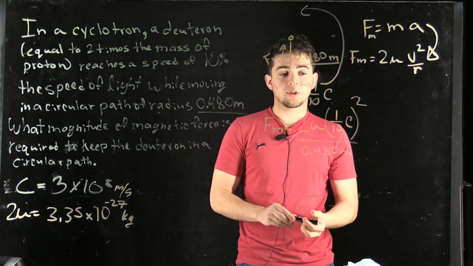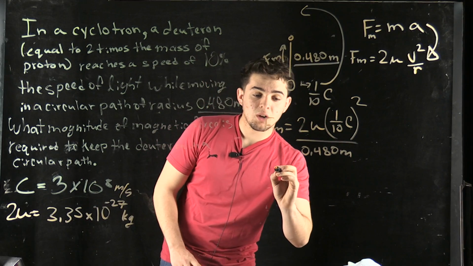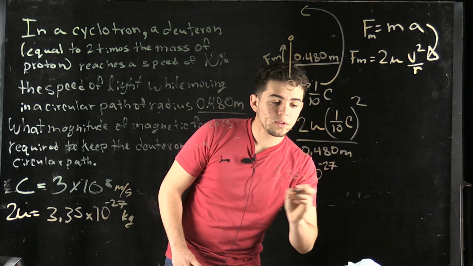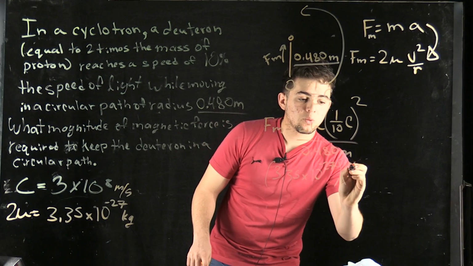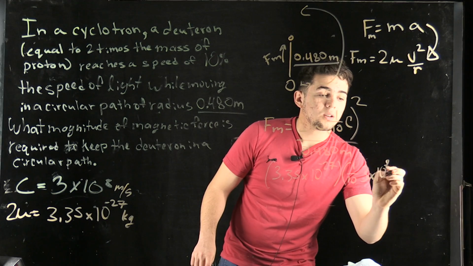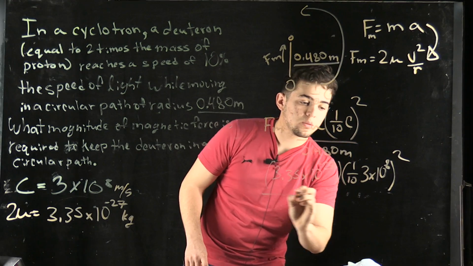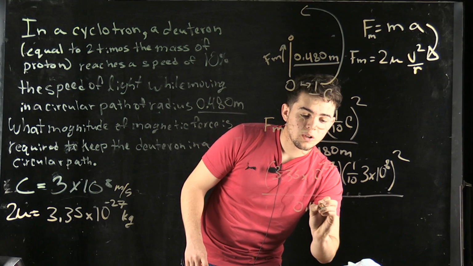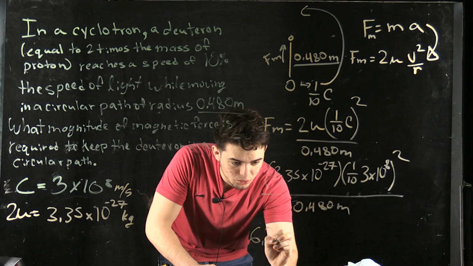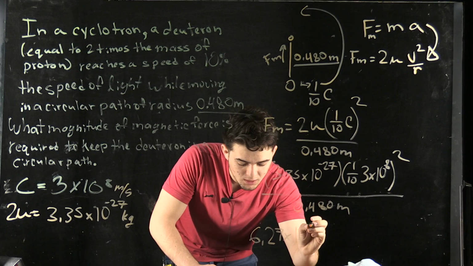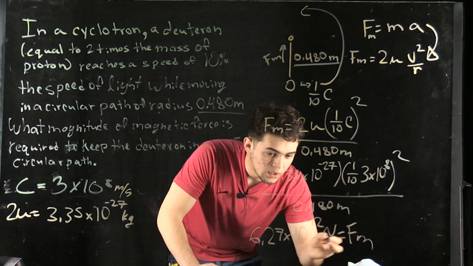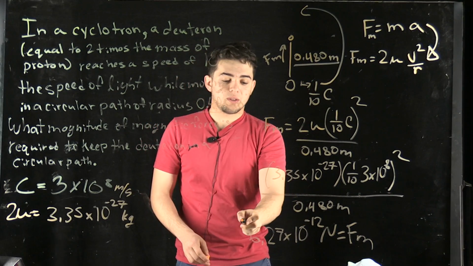Solving for these values by replacing 2u with 3.35 times 10 to the negative 27, times 1/10 of 3 times 10 to the 8th, squared, divided by the radius, should give us 6.27 times 10 to the negative 12 newtons of force. That's the force required to keep the deuteron in the circular path.